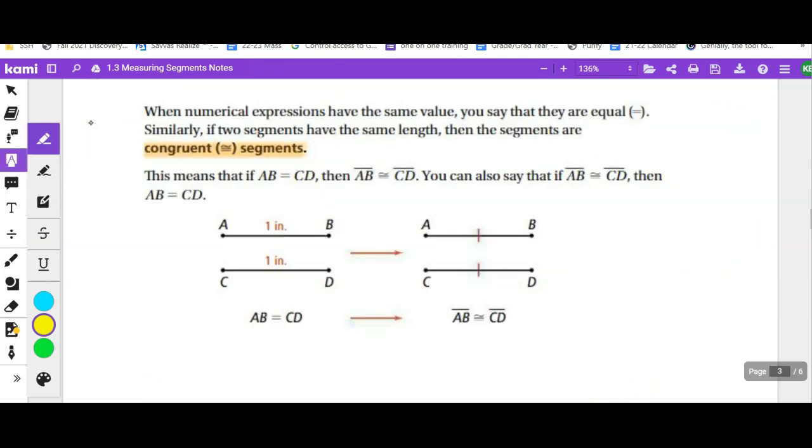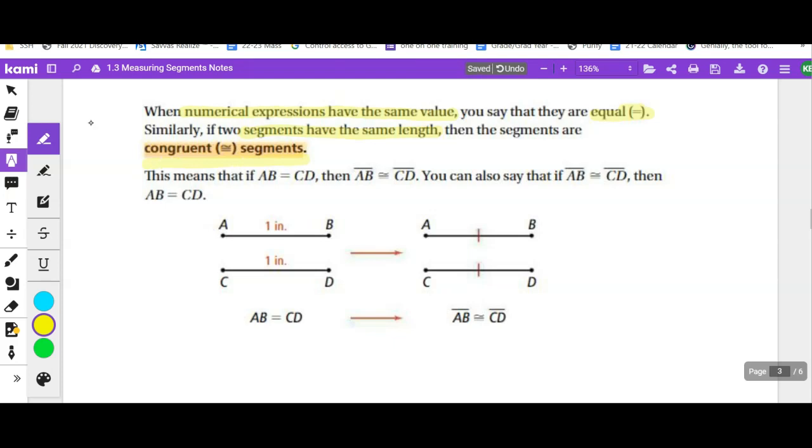So this is really important. When numerical expressions have the same value, we say that they are equal. When two segments have the same length, then the segments are congruent.